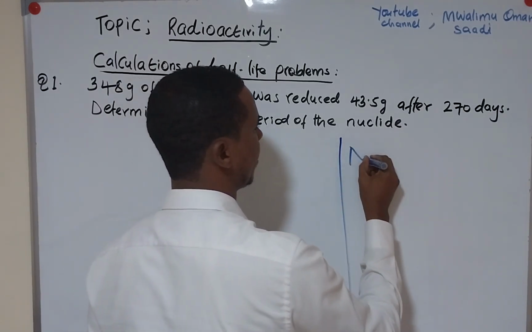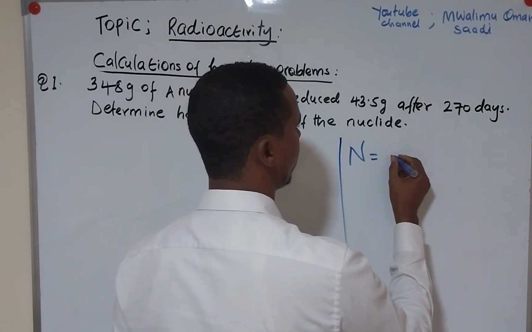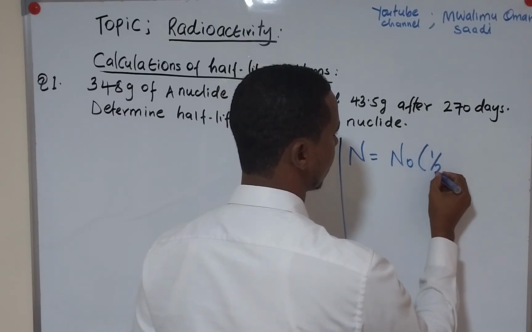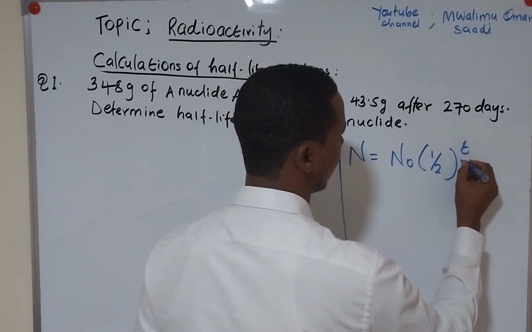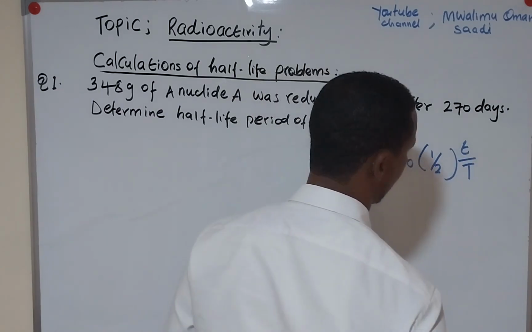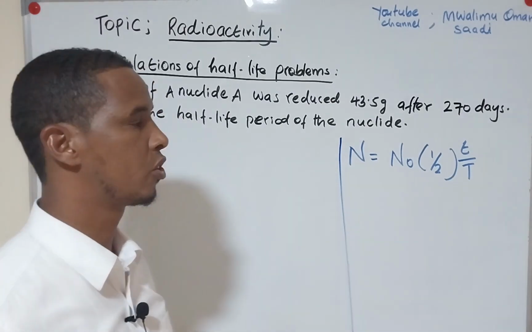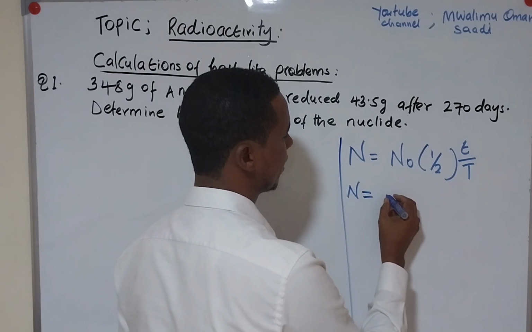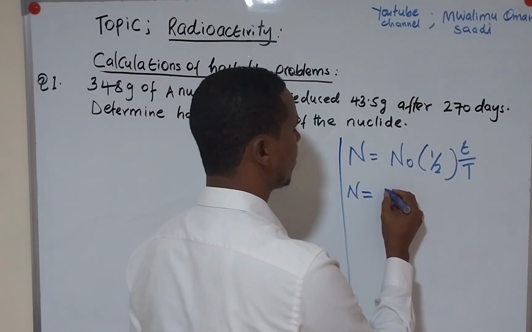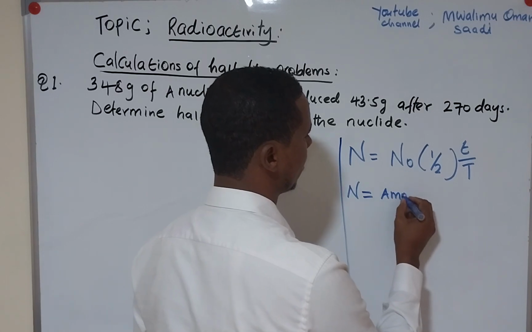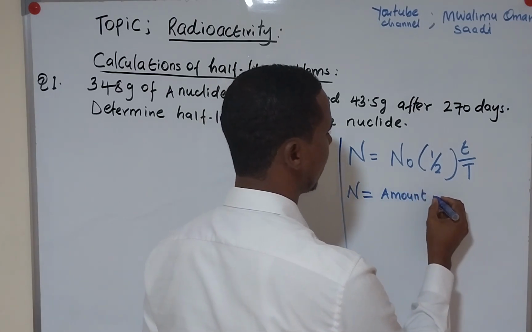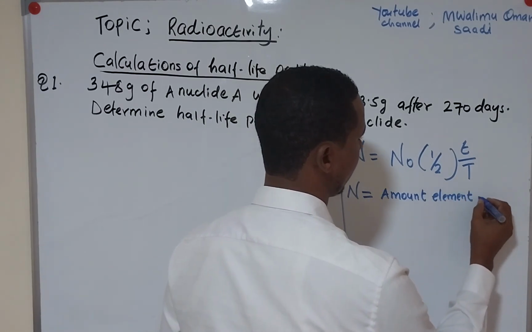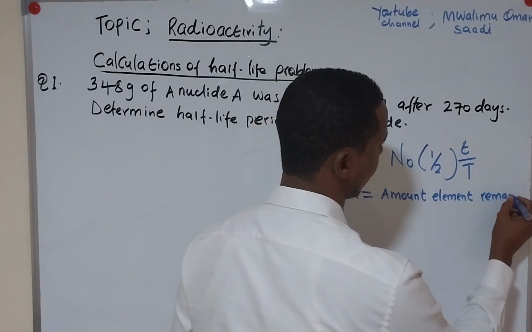N is equal to N0 times half raised to the power small t over capital T. So N is the amount of the element that remains after it has undergone decay.